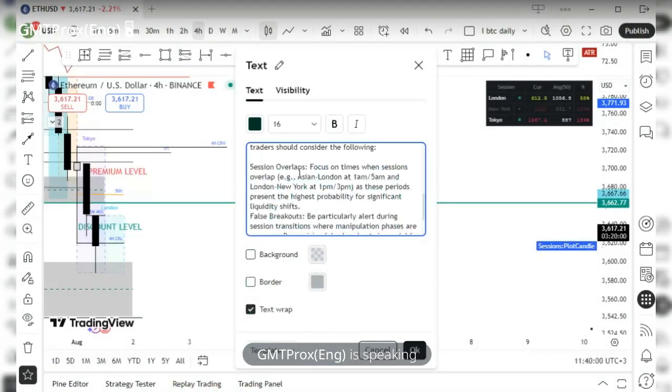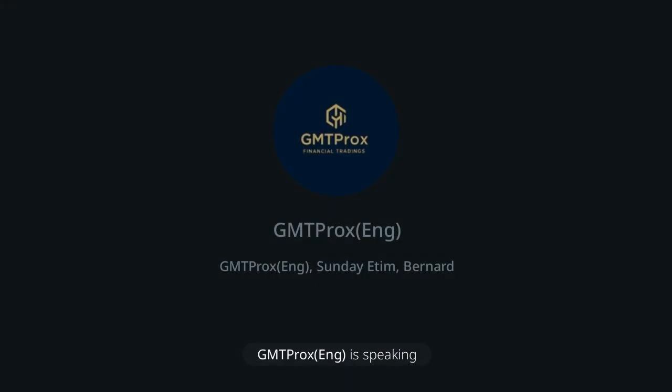Focus on times when sessions overlap: Asian-London at 1 a.m. and 5 a.m., and London-New York at 1 p.m. and 3 p.m., as these periods present the highest probability for significant liquidity shifts.